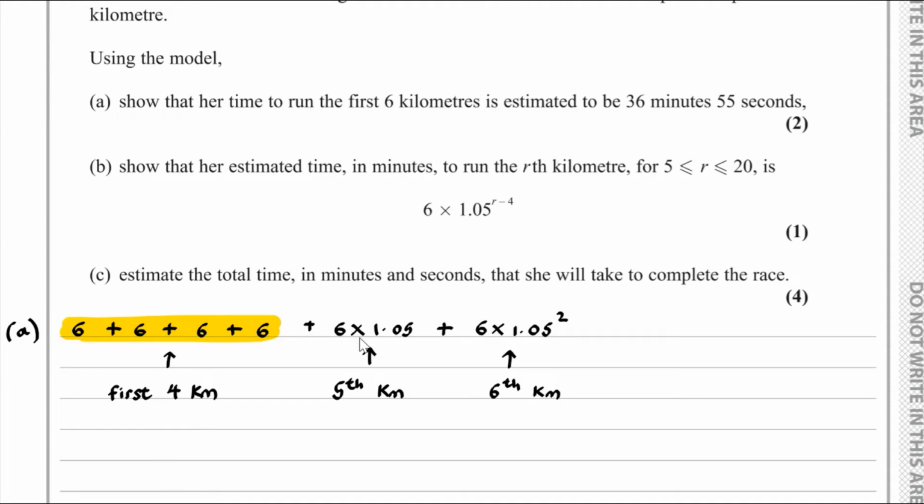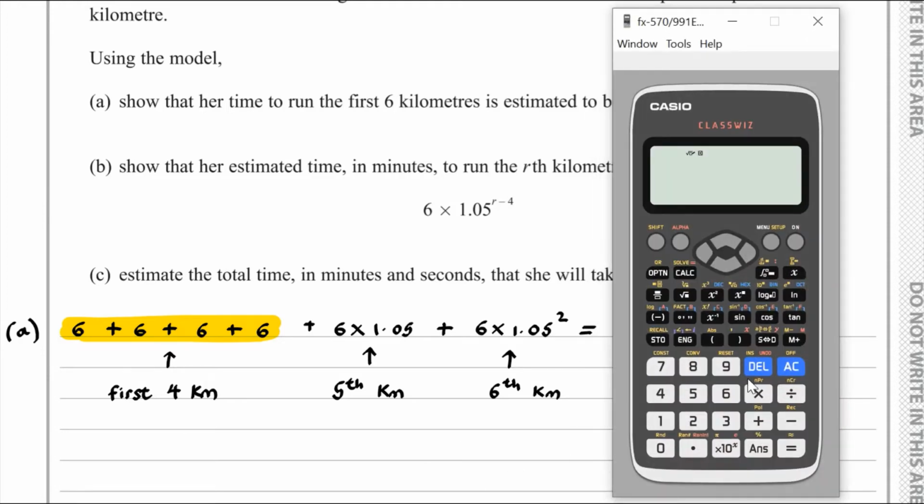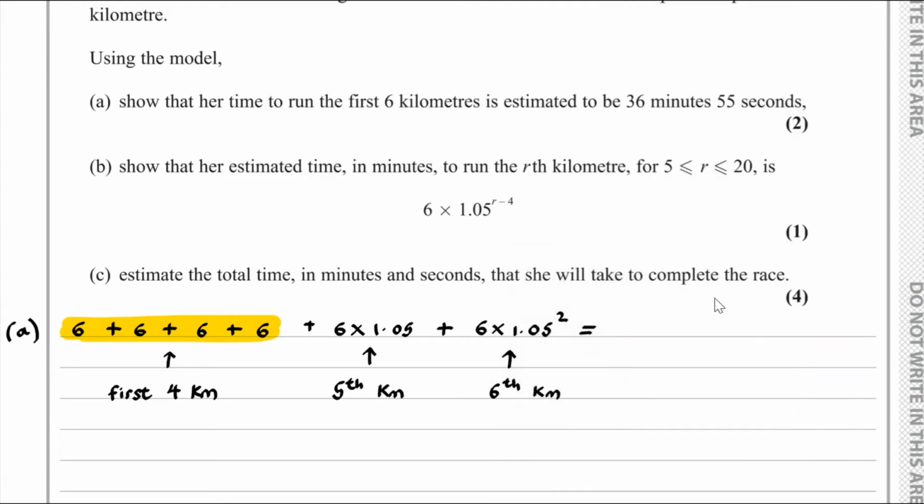And therefore, the time would be, if we work all this out, 24, so that's 6 plus 6 plus 6 plus 6, plus 6 times 1.05, plus 6 times 1.05 squared. We get a result of 36.915 minutes.